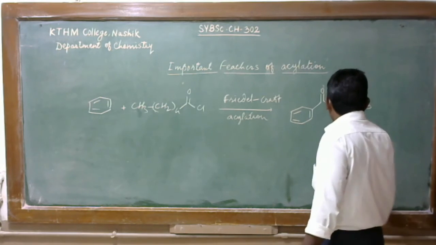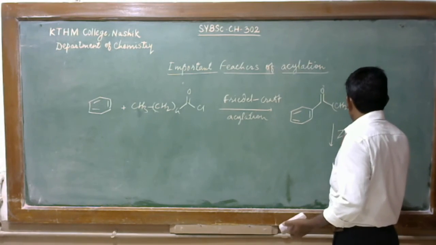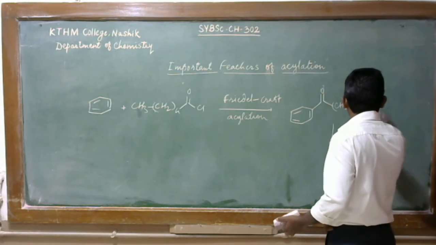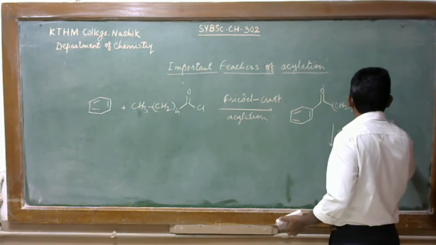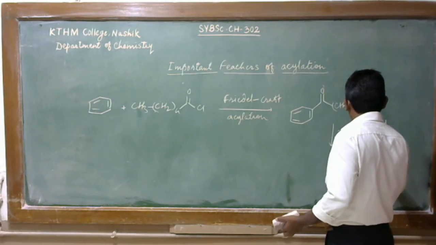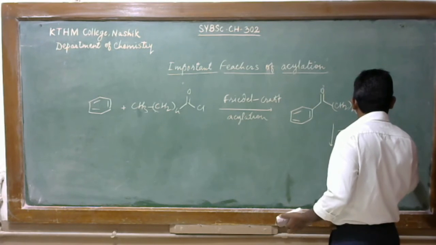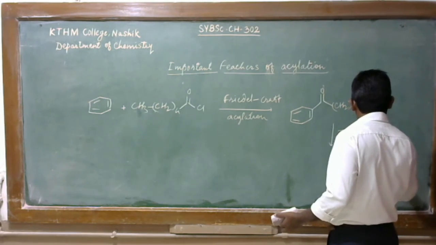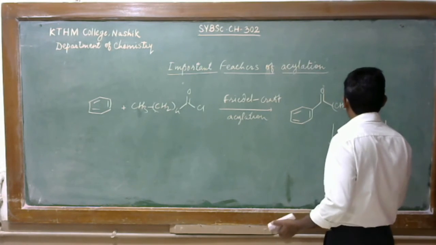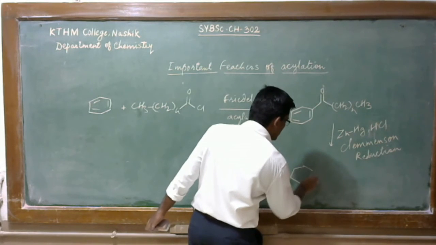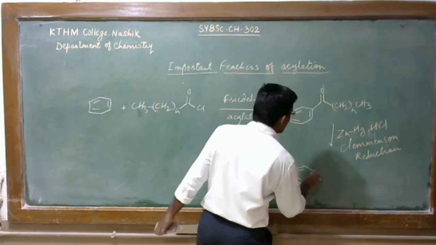Then in the second step, zinc amalgam and HCl, that is the Clemmensen reduction, would give the reduced product.